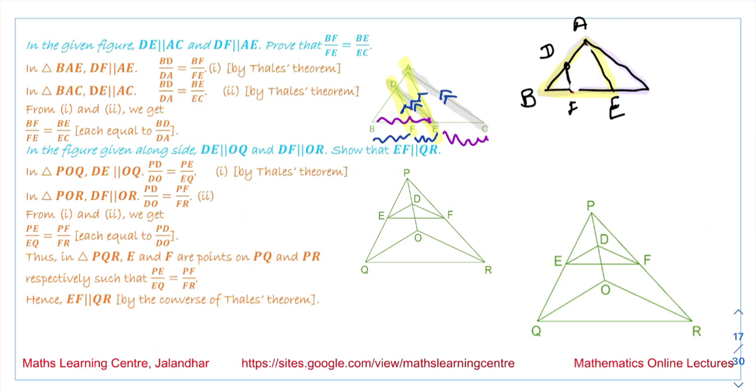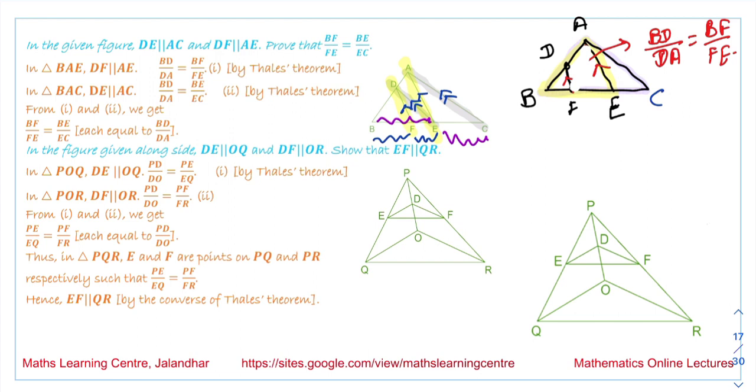So for these 2 parallel lines, I am talking about this triangle over here, what we have is that BD over DA is equal to BF over FE.